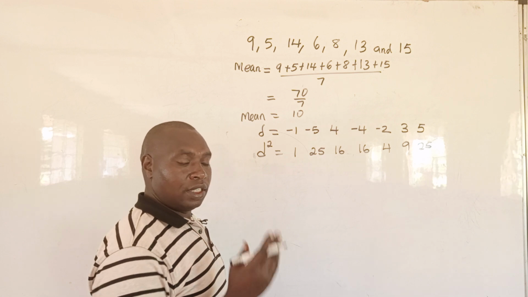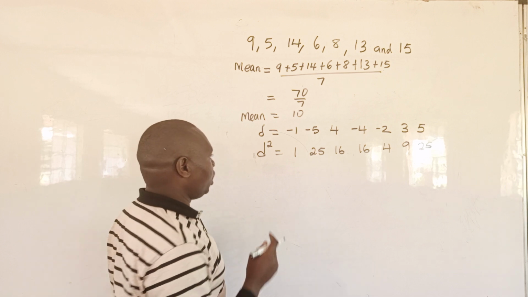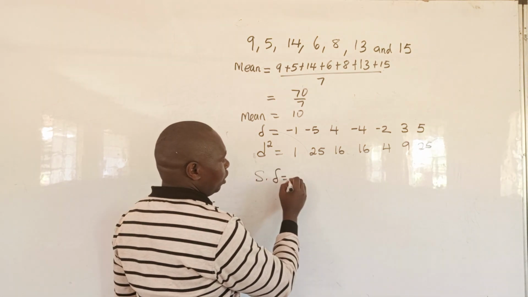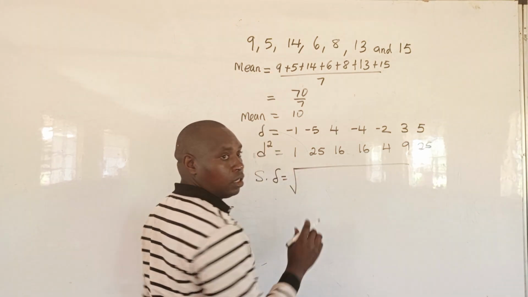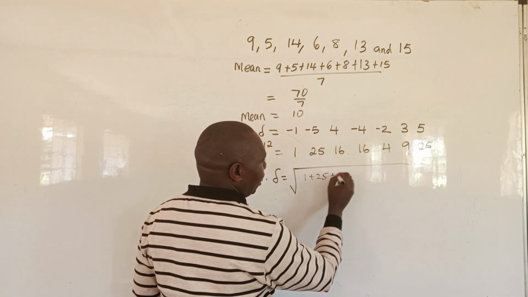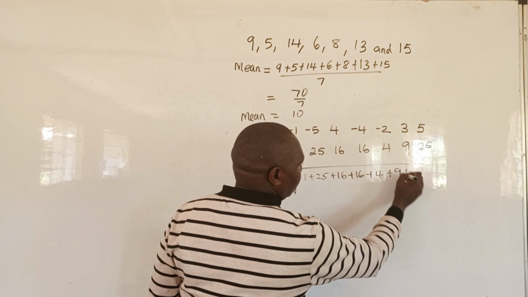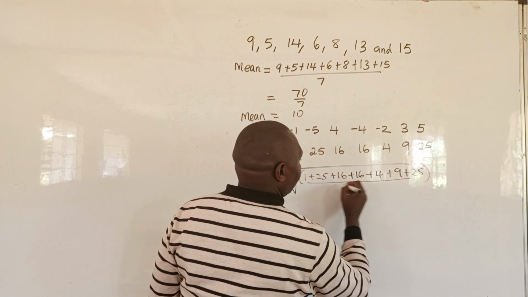And of course, the variance is quite simple to determine. The standard deviation, therefore, is given by the root of the sum of the deviations squared, that is 1 plus 25 plus 16 plus 16 plus 4 plus 9 plus 25, then divided by 7.